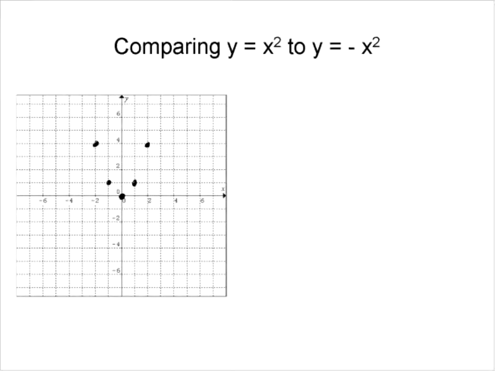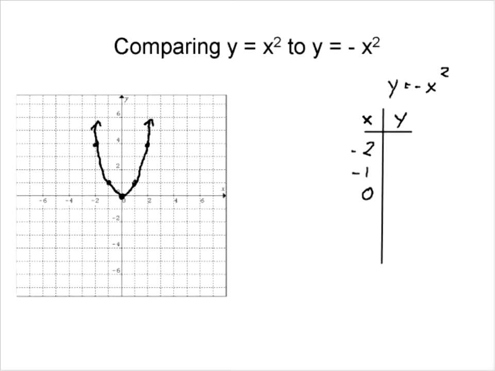After I have my original, I'm going to make another table of values and plot y = -x². I'm going to use the same values for x that I used before: -2, -1, 0, 1, and 2.